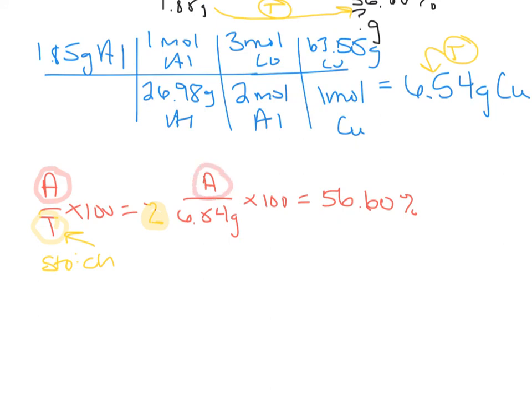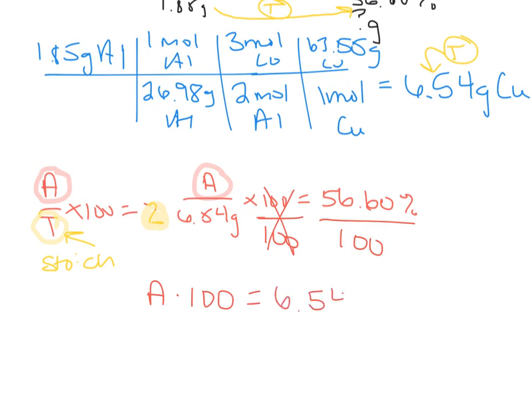So what I suggest doing is first dividing both sides by 100 to move it over, and then you end up with a proportion. So then you can cross multiply. If you cross multiply, you get A times 100 equals 6.54 grams times 56.6.